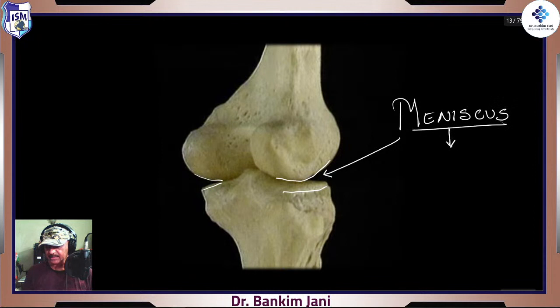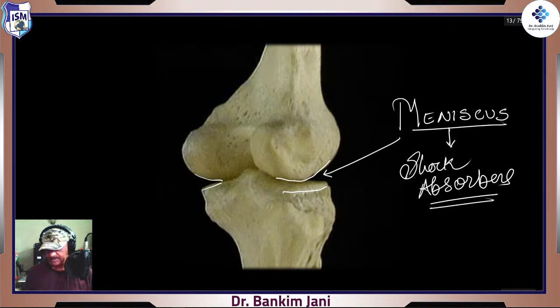These menisci are like shock absorbers. So you will see the meniscus over here and over here. Meniscus is singular, and when there is more than one, we call it menisci.